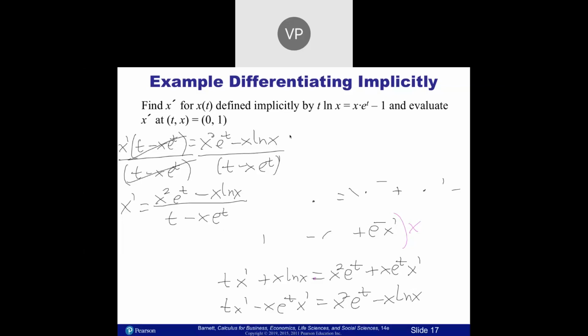Okay, so that is my derivative here. It's not going to be pretty. The more complicated our equations get, the uglier our derivatives are going to be. But that is it. We have the x prime by itself.